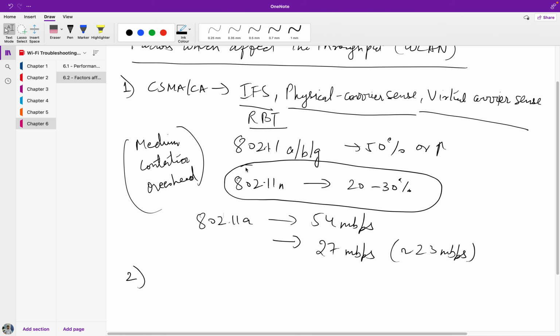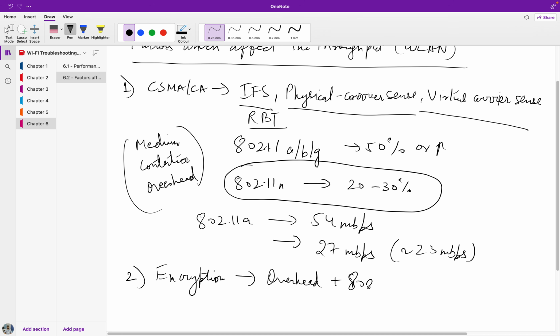The second factor that can affect the throughput of a wireless network is the encryption that the clients are using. Encryption is an extra overhead that is added to the body of a .11 data frame.